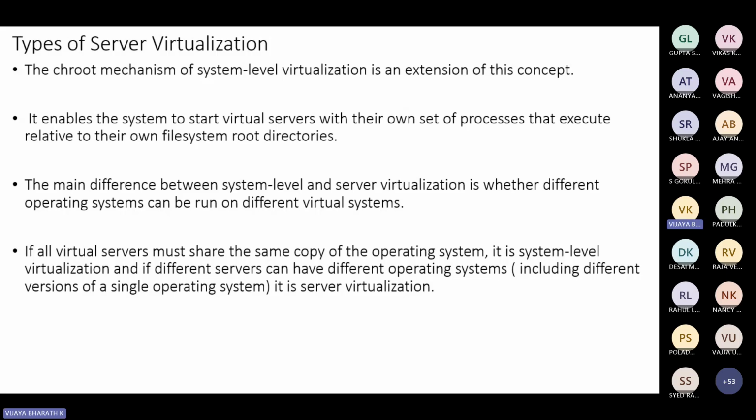If all virtual servers must share the same copy of the operating system, it is system level virtualization. If different servers can have different operating systems, it is called server virtualization.